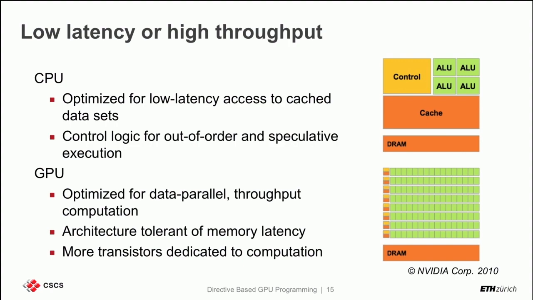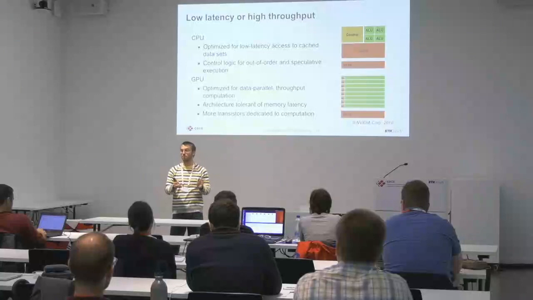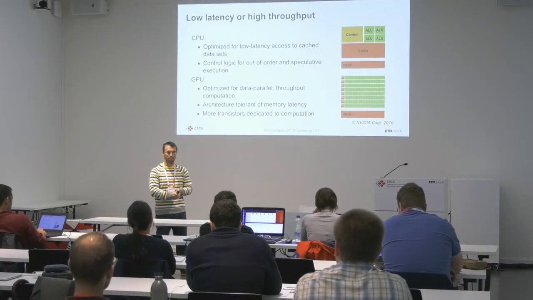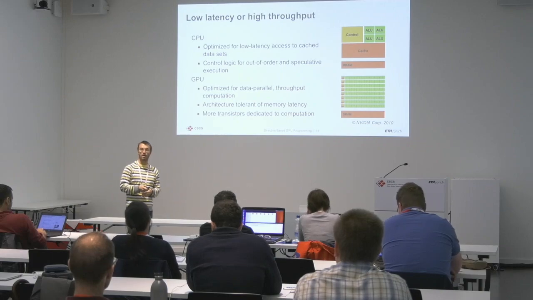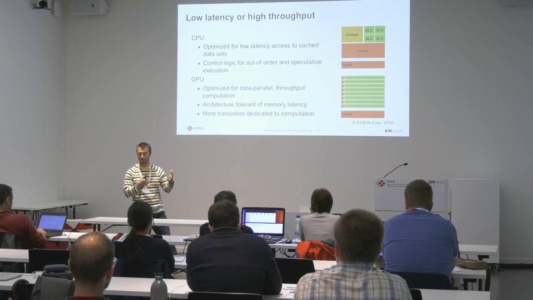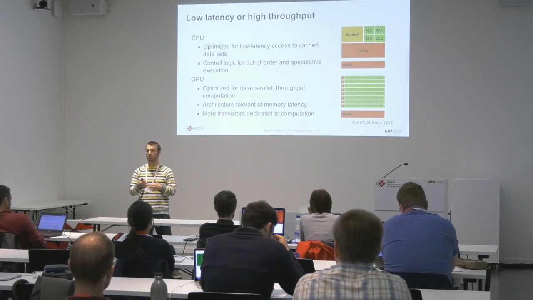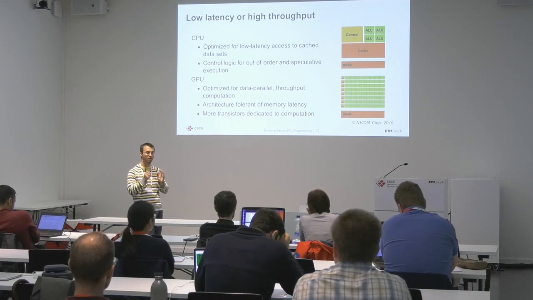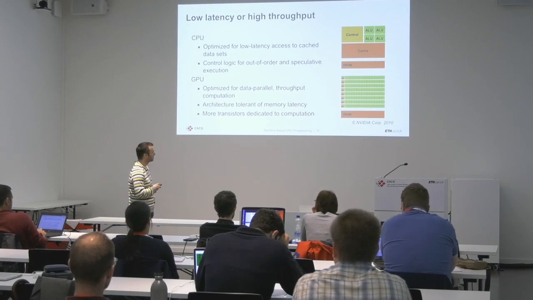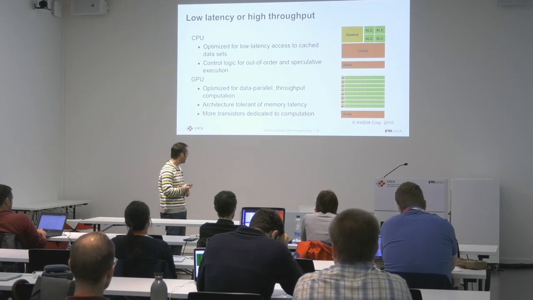Compare a single CUDA core with a CPU core: it is very naive, it just executes instructions in order, in a specific way. No fancy branch prediction logic and all these things. It's just focused on computation, and for that reason they don't have very large caches or control logic.